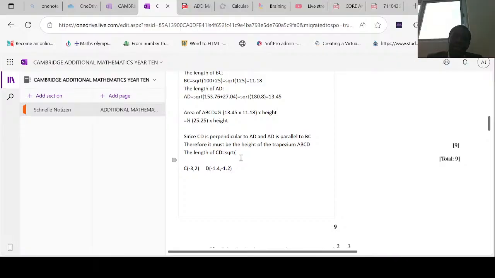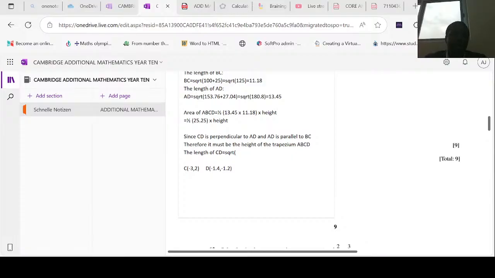So what would that be? Please use your calculator. Negative 3 plus 1.4. When you're done, you get what? Minus 1.6, right?